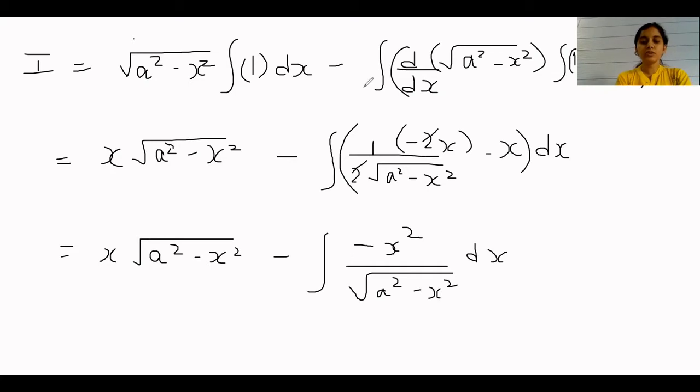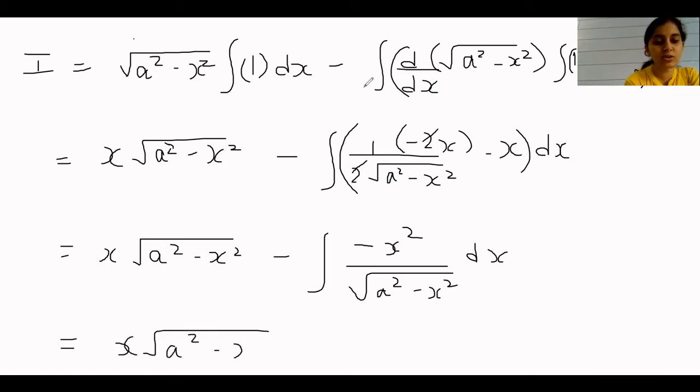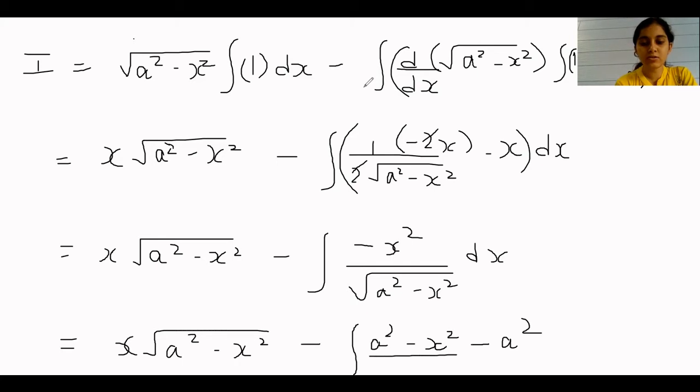Now how will we do this? In the numerator, we are going to get the terms of the denominator. The first term remains as it is, no change. Minus integration of, now you have a square minus x square, so I'm going to get this term in the numerator. If I put a term a square, then I will also subtract a term a square, divided by root of a square minus x square.